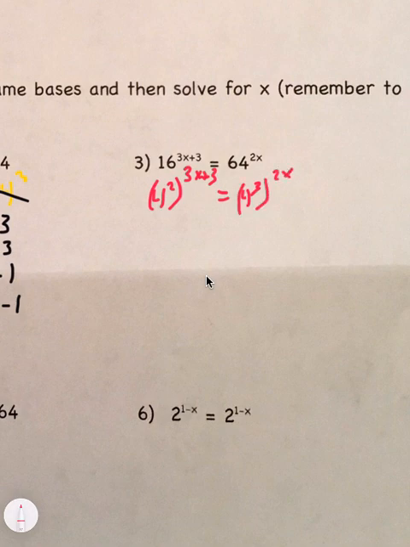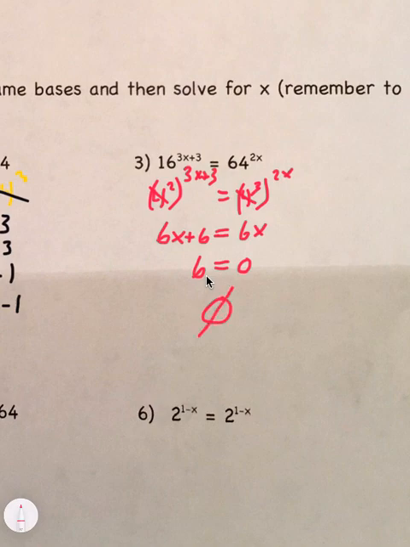So now we have the same base. With power to a power, we multiply those. So on the left hand side, we're going to have 6x plus 6, and on the right hand side, 3 times 2x, which is 6x. And then we can solve for x. And so when we do that, we end up with 6 equals 0. Well, that's a false statement, so we have no solution.